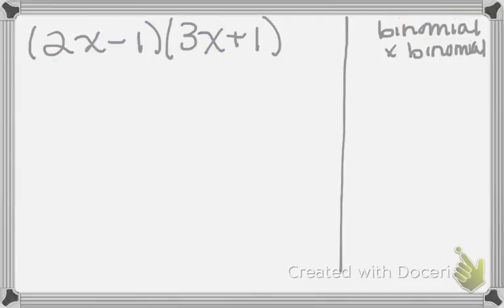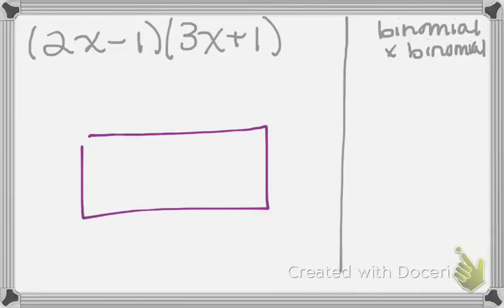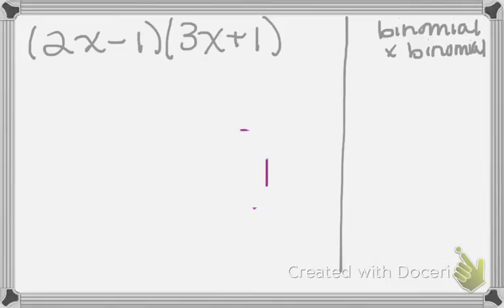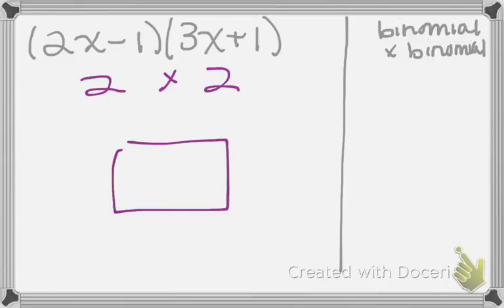Next, I have a binomial times a binomial: 2x minus 1 times 3x plus 1. I think you guys have been taught this before in middle school by making the box. Forgive me, I was about to make a box for a trinomial. I have a 2 term times a 2 term, so I need a 2 by 2 box. I put my 2x minus 1 here and my 3x plus 1 here.